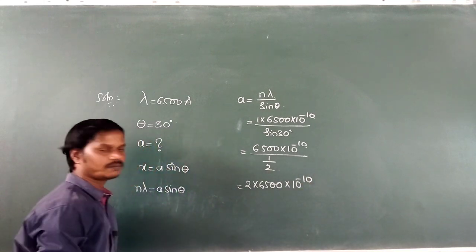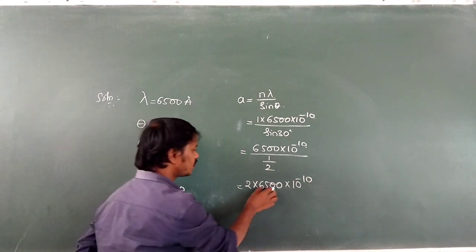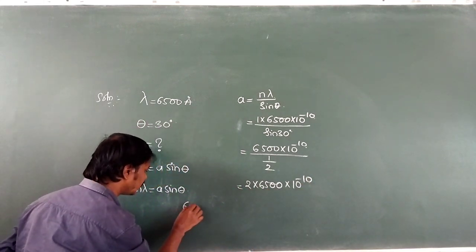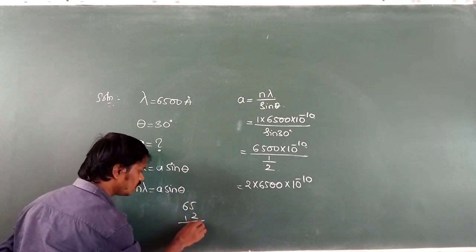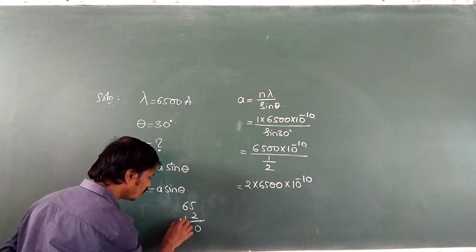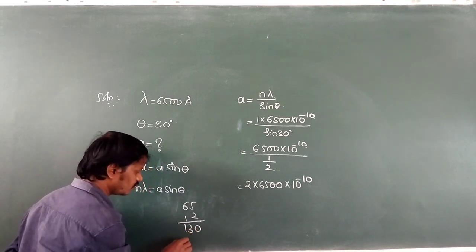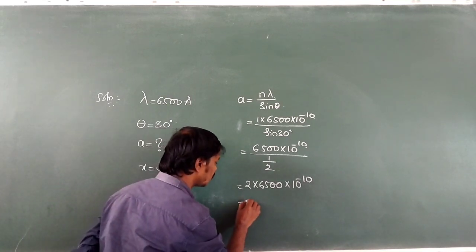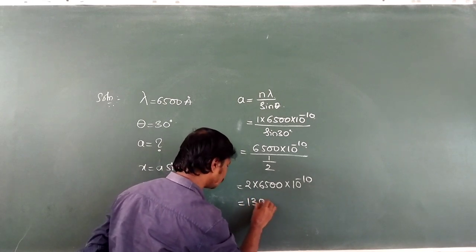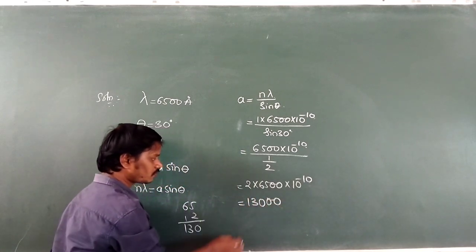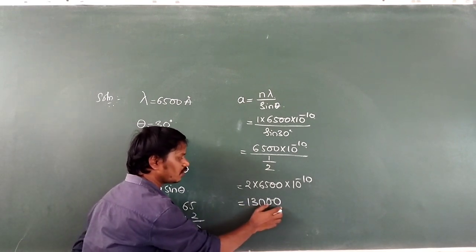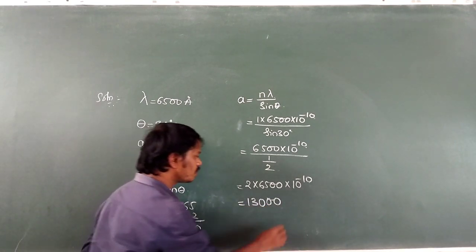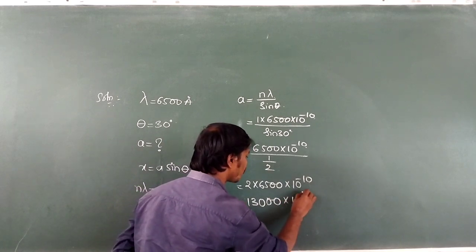Then 65 twos are 130, because 2 fives are 10 and 2 sixes are 12, 12 plus 1 is 13, then it is 130, with 2 zeros, so it is 13,000 into 10 to the power of minus 10.